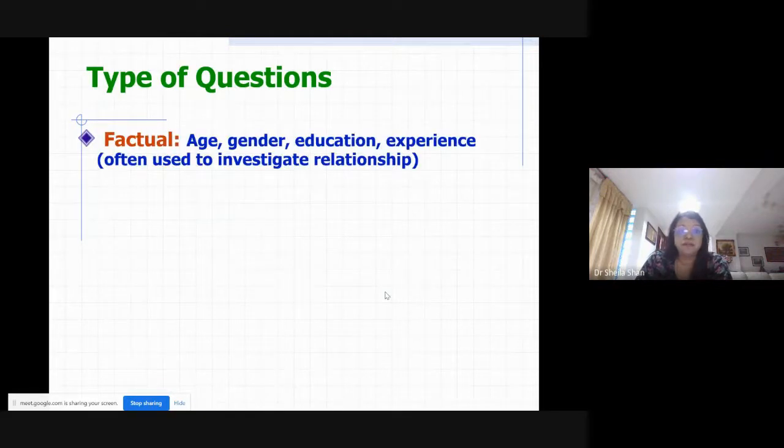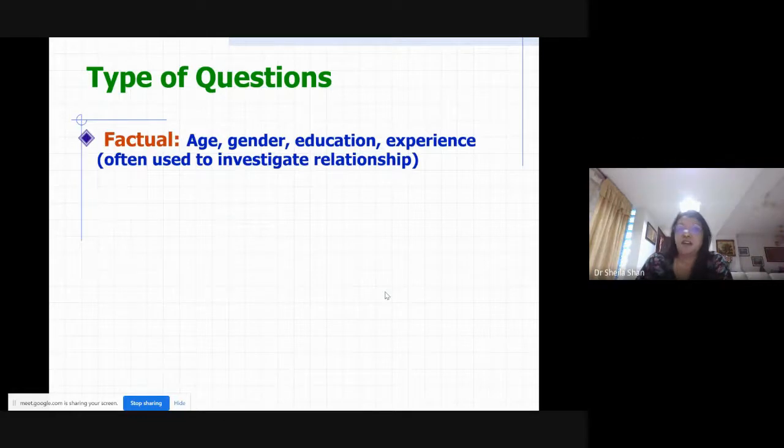What kind of questions can you put in the questionnaire? Factual ones: age, gender, education level, experience. If you want to investigate relationships: boys perform better in mathematics, this is a gender question. Age, for psychology: an older person has more wisdom compared to a younger person.